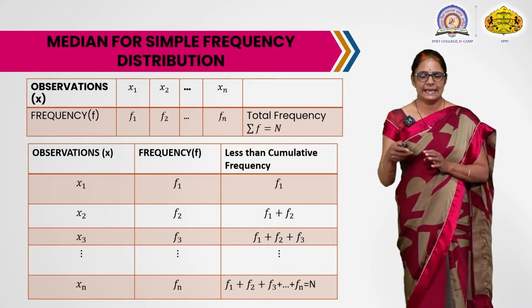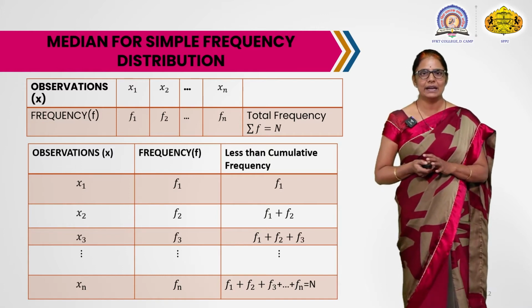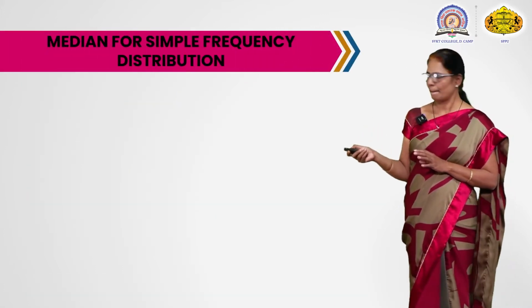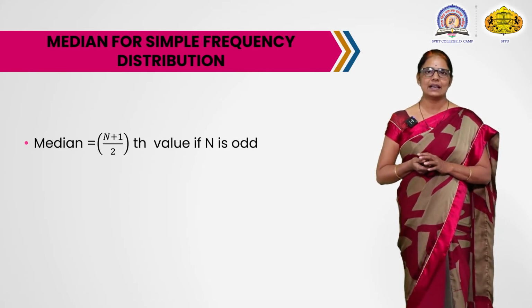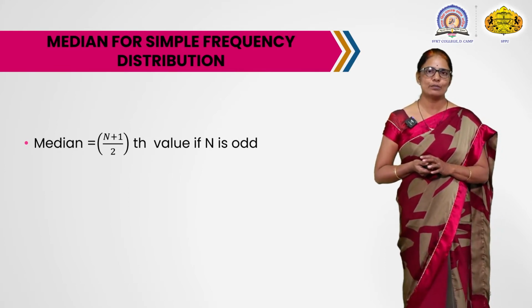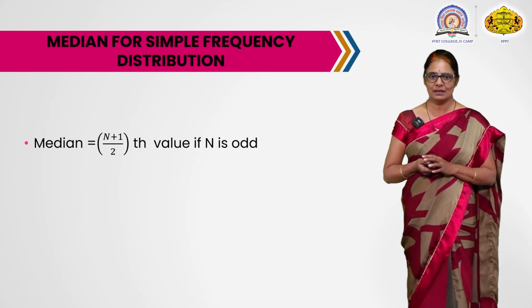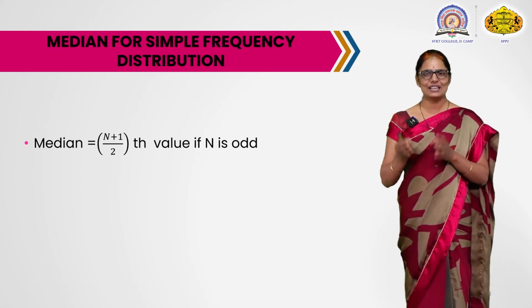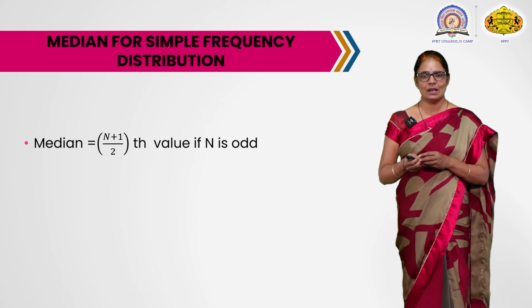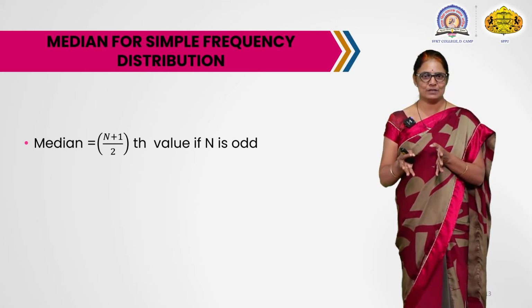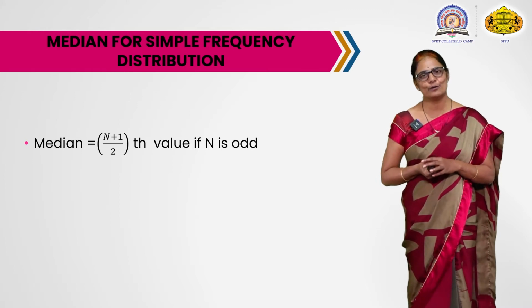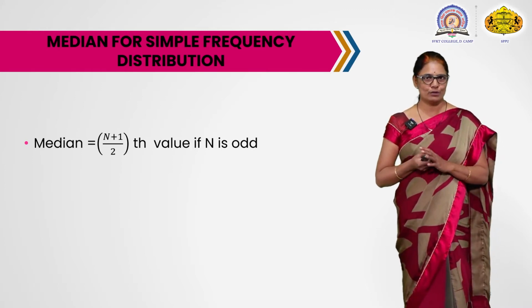So in this case the median is the same as before. If n is odd, then the (n plus 1) upon 2th observation is the median, and actually the formula remains the same, because in the previous case small n denotes the total number of observations, and here capital N again denotes the total number of observations.